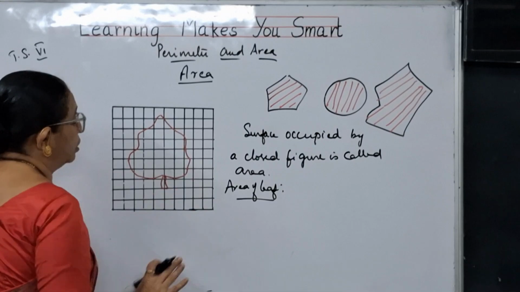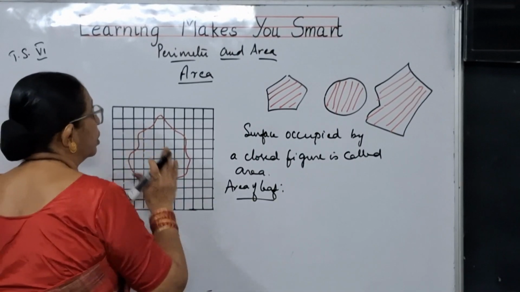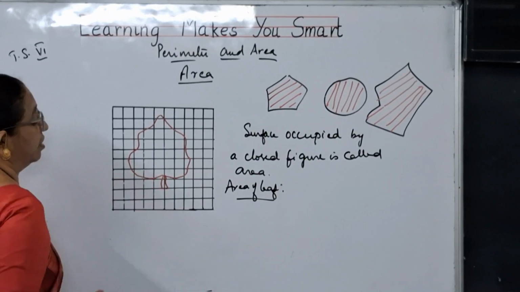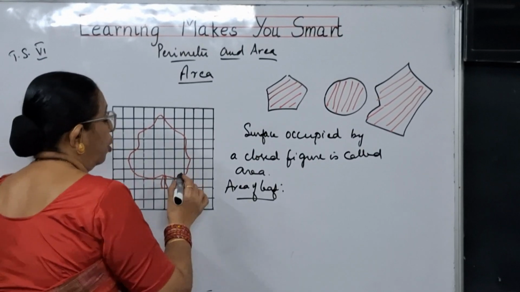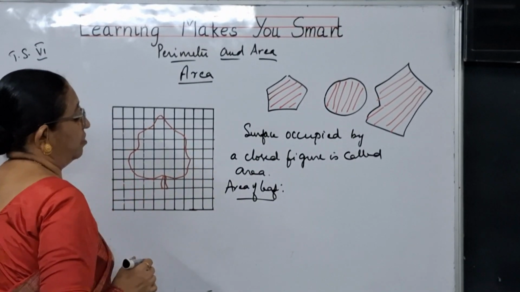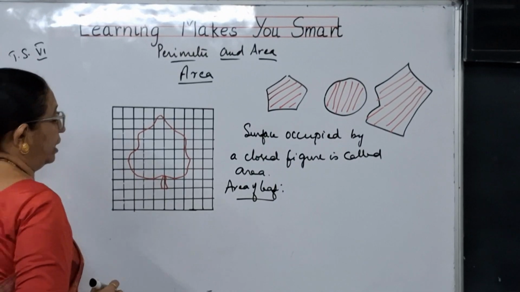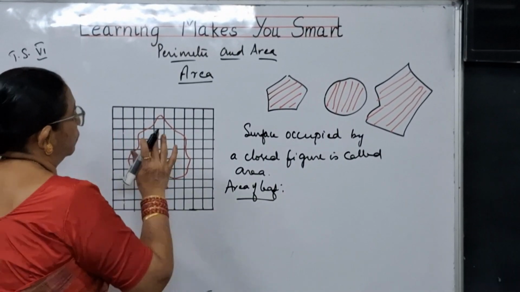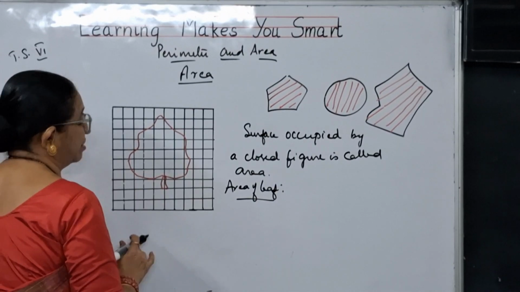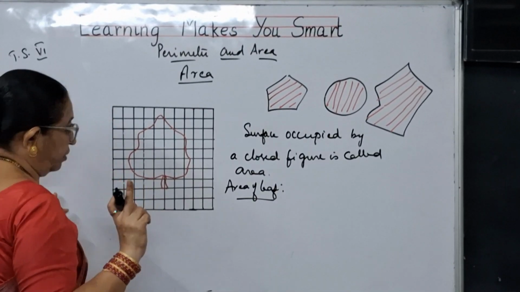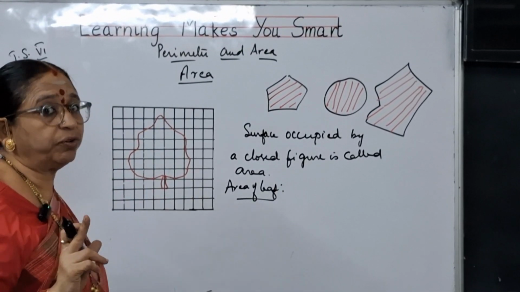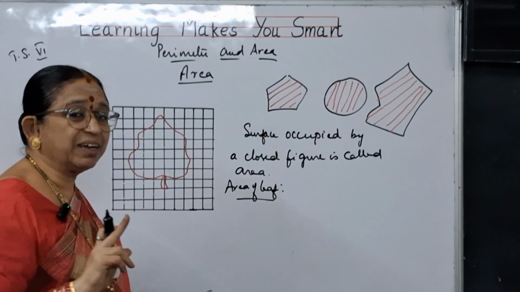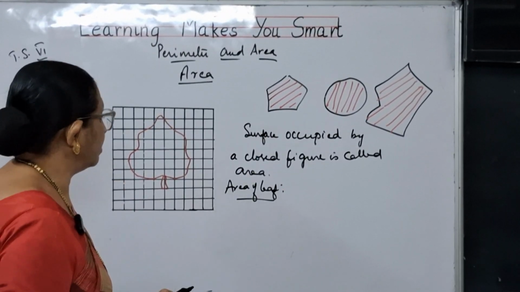Upon the graph, you have to count how many squares it has covered. If the squares are full, we count them as 1. If it is covering more than half, even that we count as 1. Exactly half, we count as half.